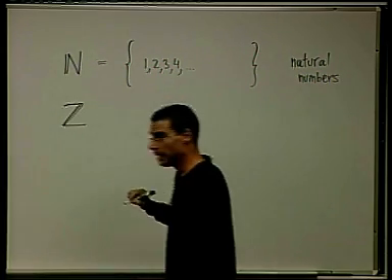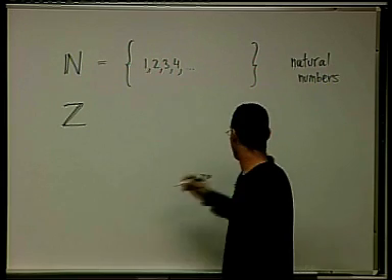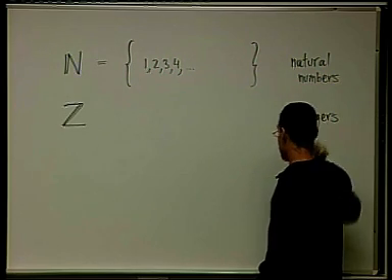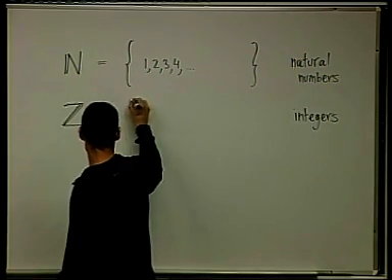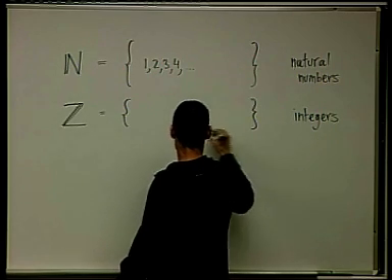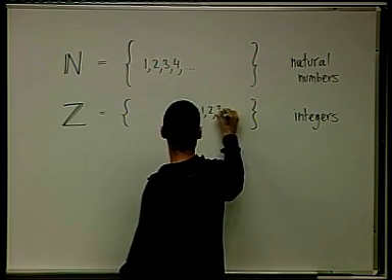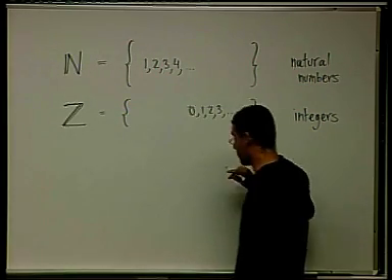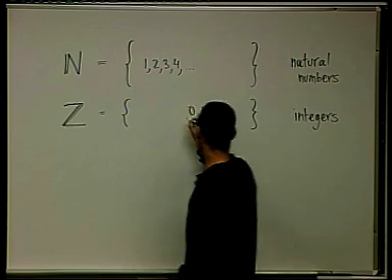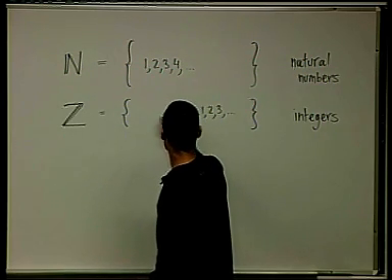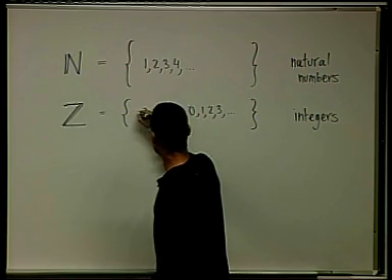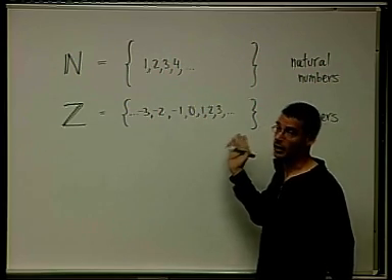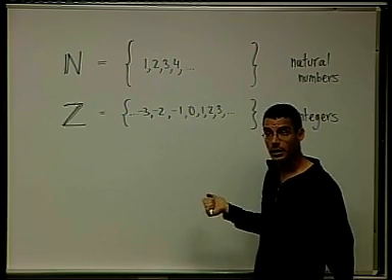And this is denoted by a Z with a double leg, and this is called the integers. And the integers is the set of all these natural numbers, 1, 2, 3, etc., but also 0, which is a very, very important number, and also all these negative numbers, -1, -2, -3, etc. And now it does make sense to ask how much is 2 minus 5. 2 minus 5 is -3, right?